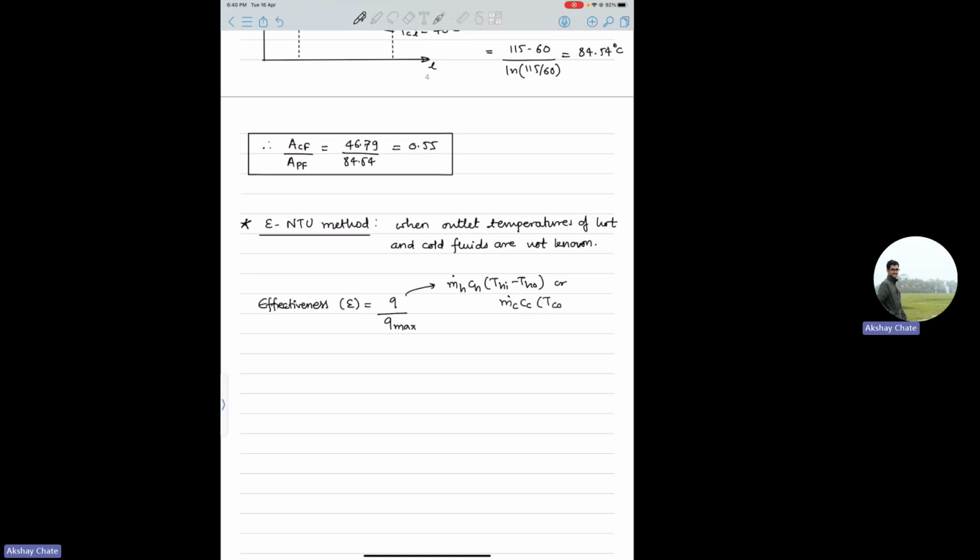Both are okay. Whereas Q max, you should remember this, it is important to note. Whichever MCP is minimum, take that, and take the maximum temperature difference, which is typically between inlets of cold and hot. So this is your maximum temperature difference possible.